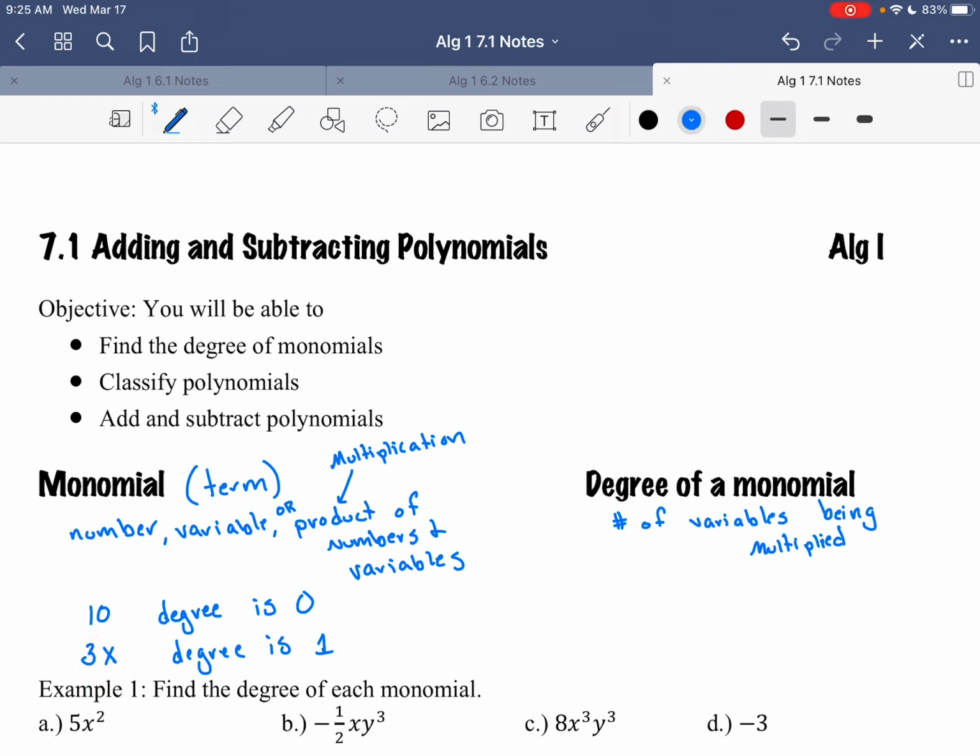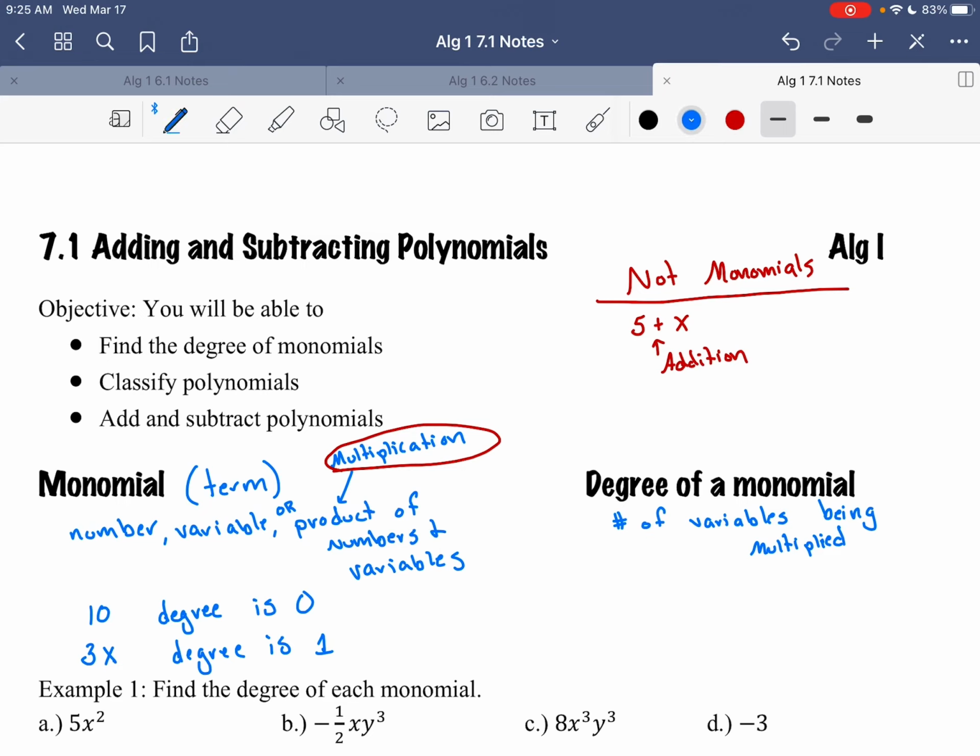Not a monomial. I'm going to switch colors, and over here we're going to put not monomials. An example of not a monomial is 5 plus x. The addition there makes it not a monomial because it is strictly the multiplication of.